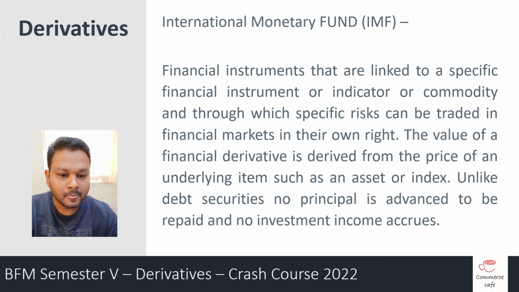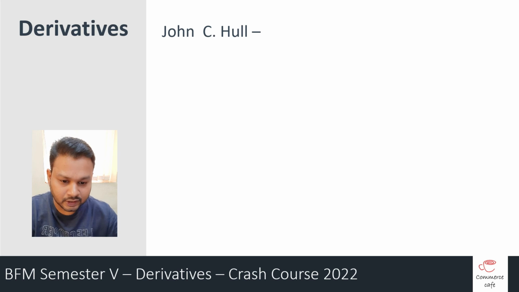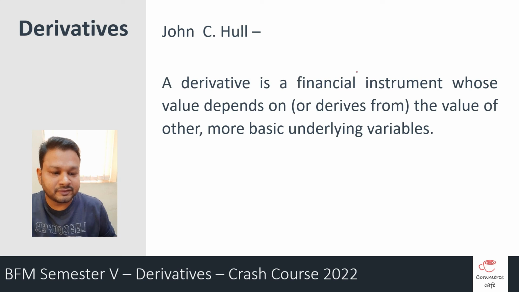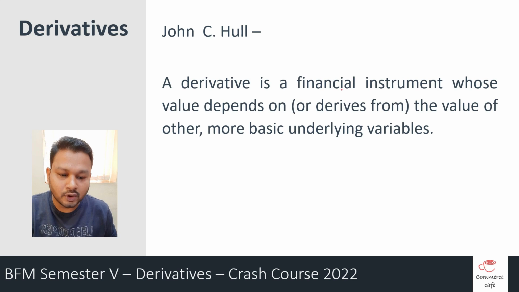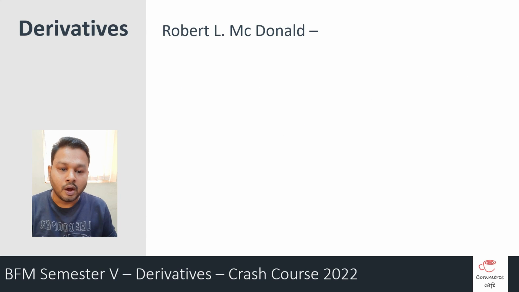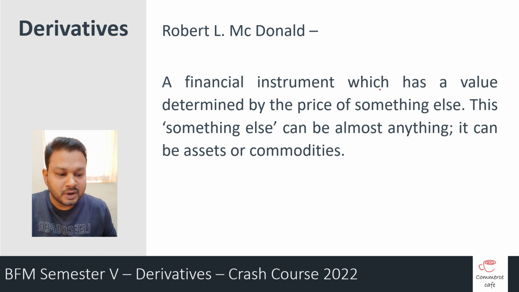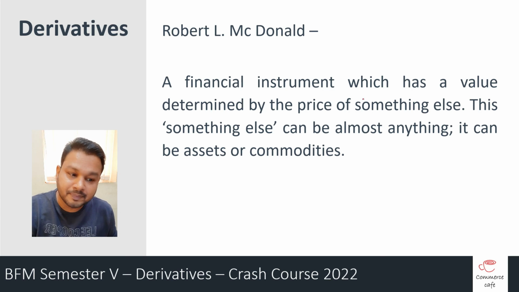All right. Next definition, according to John C. Hull, who's an authority on derivatives, a derivative is a financial instrument whose value depends on or derives from the value of other more basic underlying variables. So basically the same thing. And the last definition by Robert L. McDonald, a financial instrument which has a value determined by the price of something else.